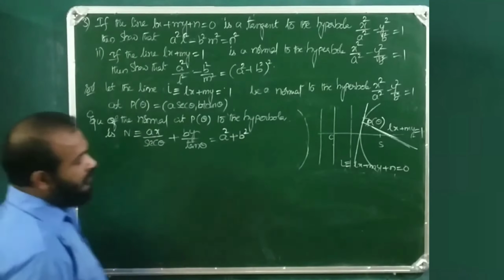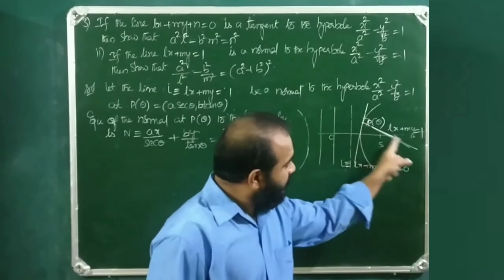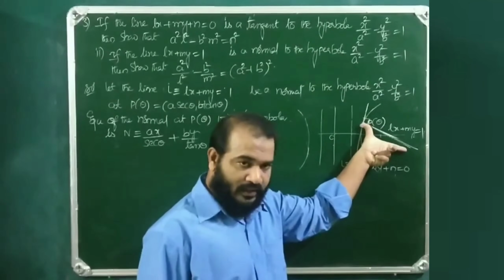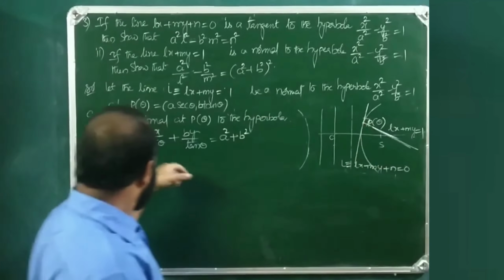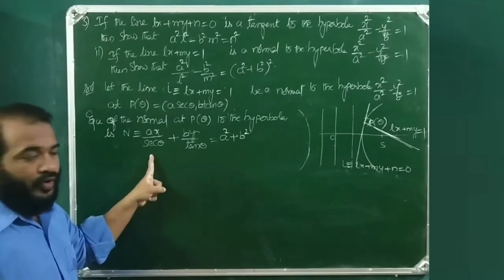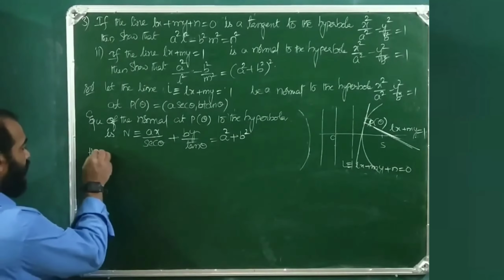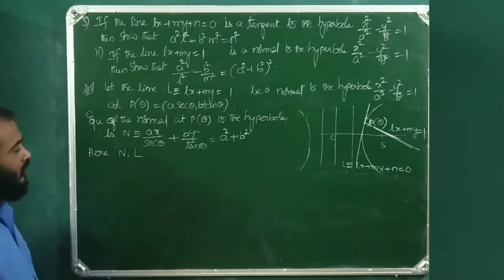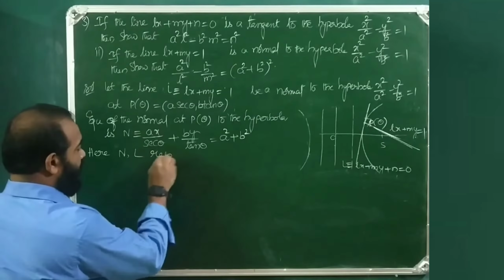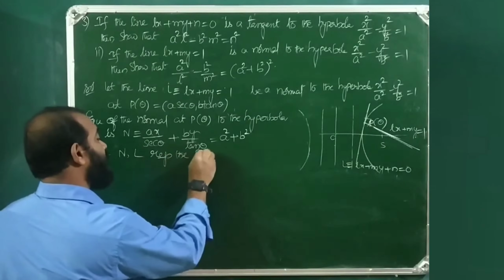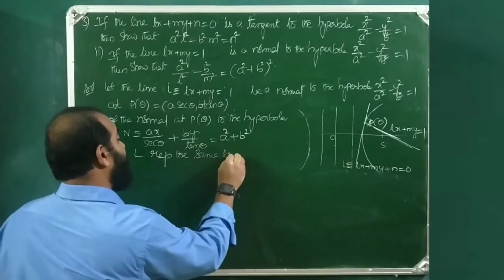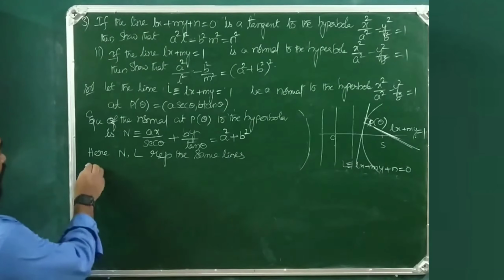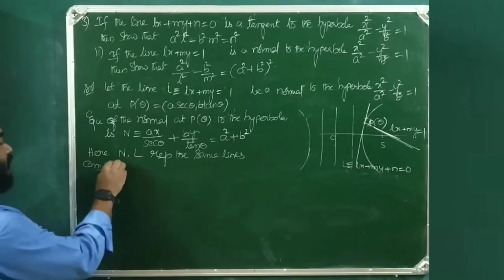Here Lx plus My equals 1 is the normal according to the question, and the same normal is this one we got at the parametric point. So both represent the same lines. Let us compare the coefficients.